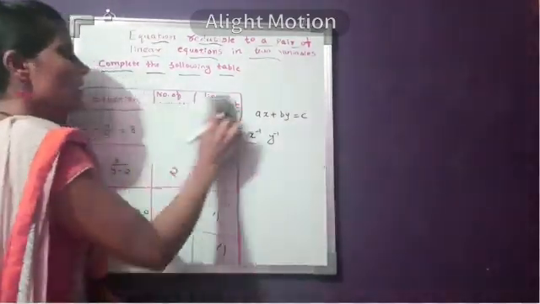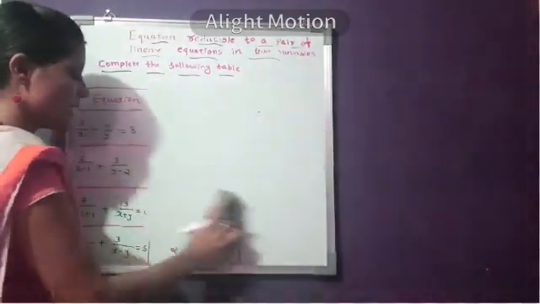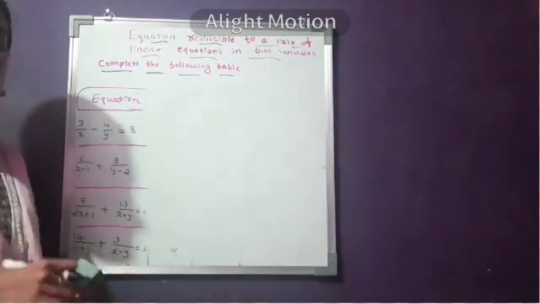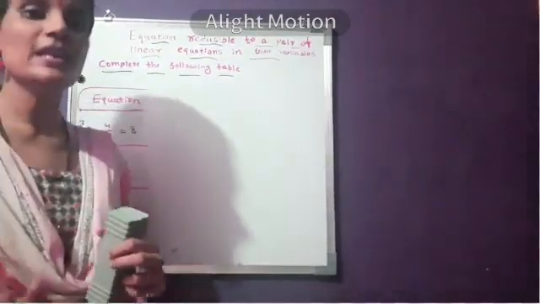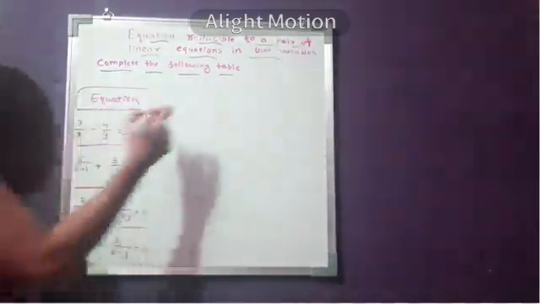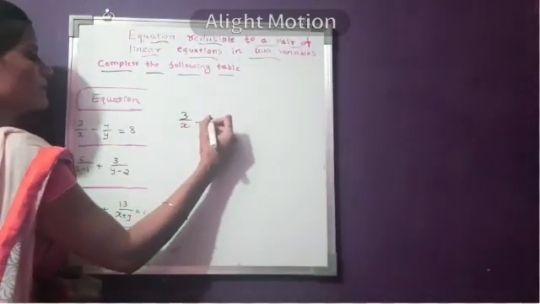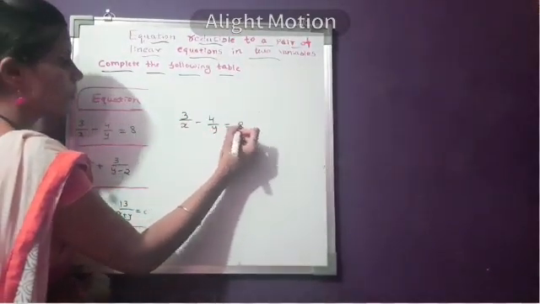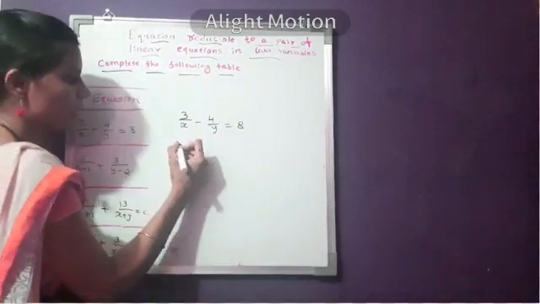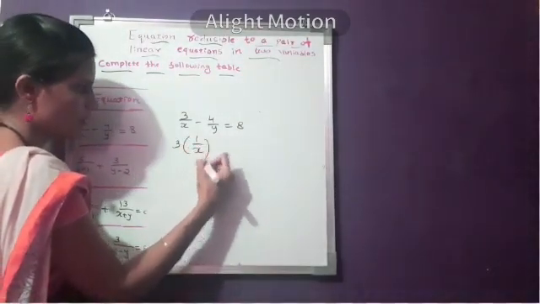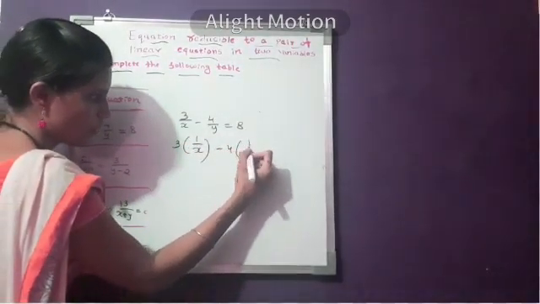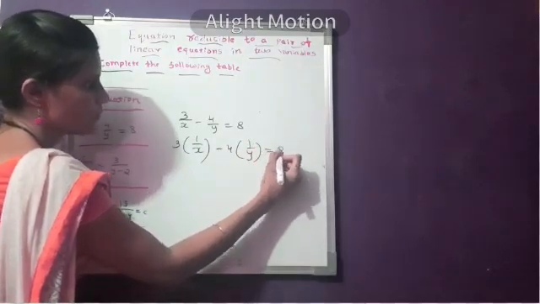Now what we are going to learn today is how we can convert this into a linear form. Let us see one example. 3 upon x minus 4 upon y is equal to 8. I can write this in this form: 3 into 1 upon x minus 4 into 1 upon y is equal to 8.